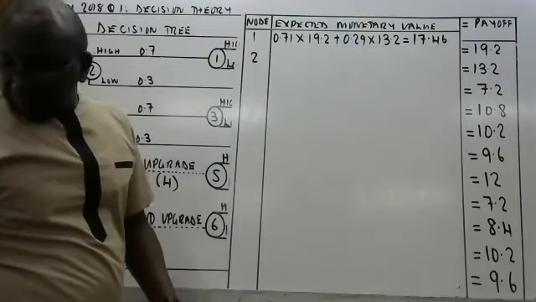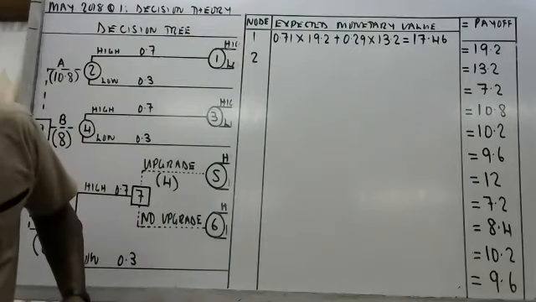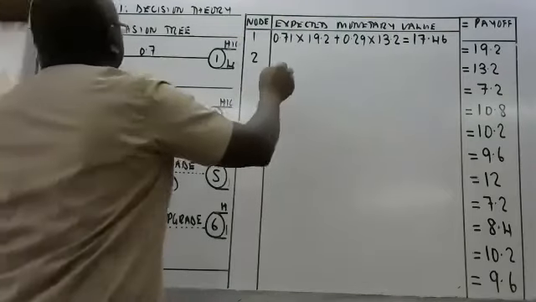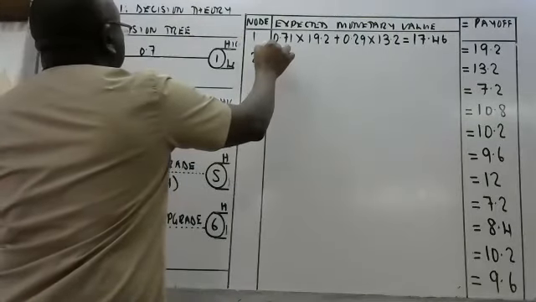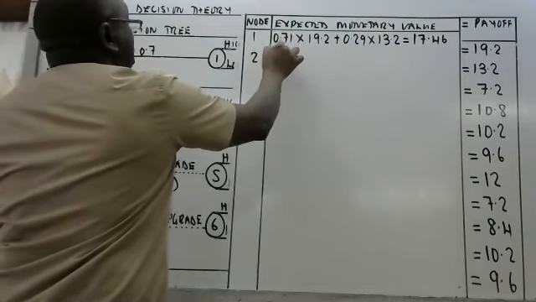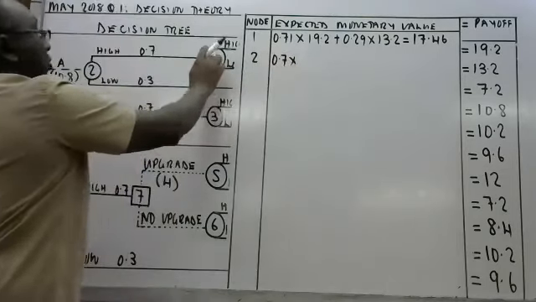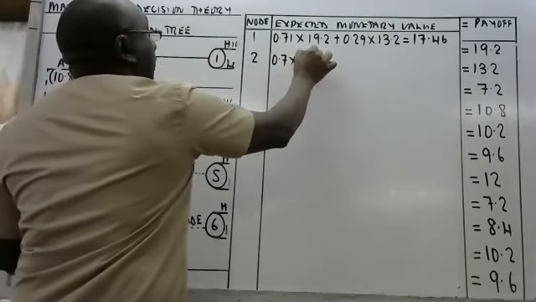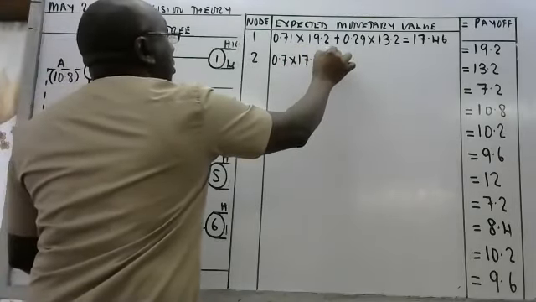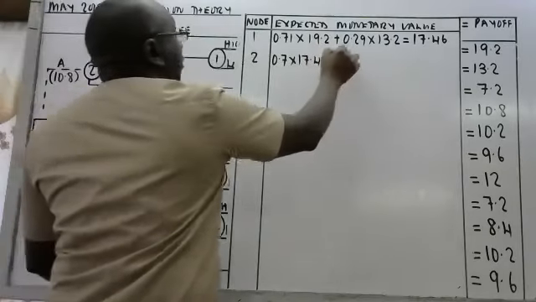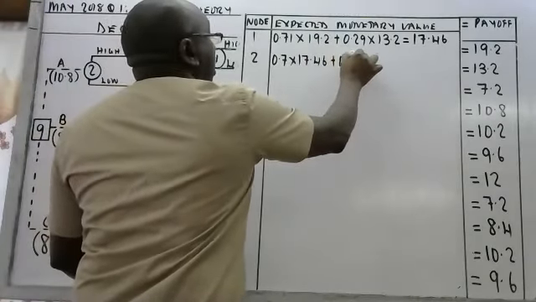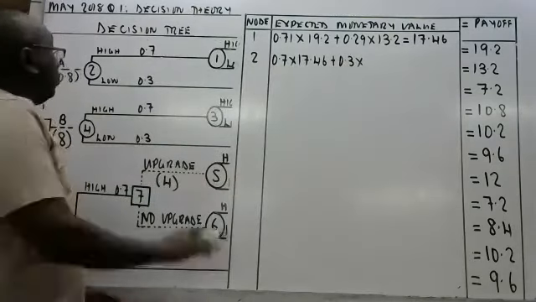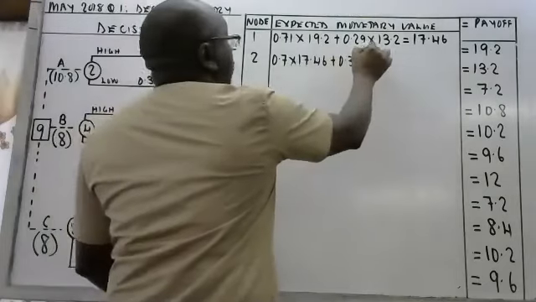Number 2, the lines going out are complete. So it will be 0.7 times what I've gotten in number 1, 17.46, plus 0.3 times what is going all the way to the end for this line, 7.2.